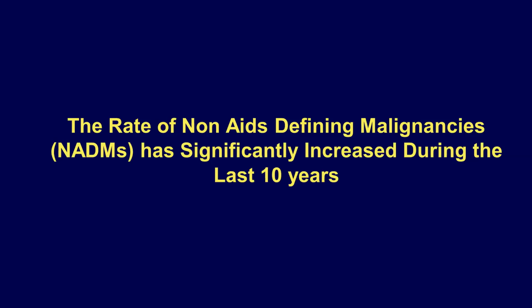The reason is that cardiovascular disease, number one, and cancers, non-AIDS defining malignancies, number two, are more prevalent among people living with HIV, and they are associated with higher mortality. They are deadlier than in people who are not living with HIV.